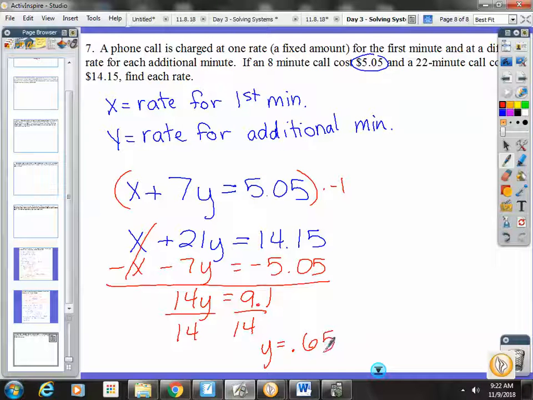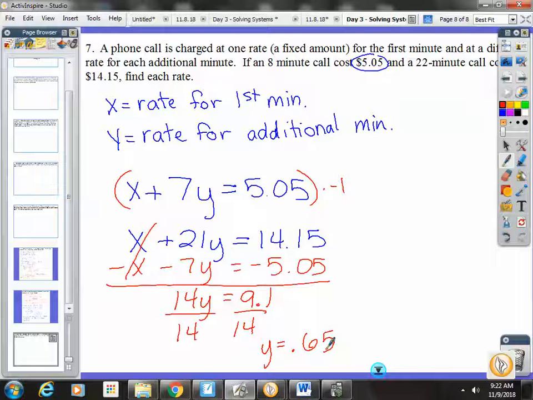I got 0.65. Do you think it's okay to have a decimal in this situation? Why? Talking about money, aren't we? Do you have a question here? Good question. It's a 22-minute phone call. You're right.